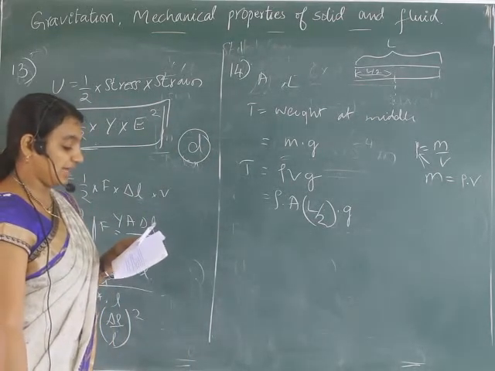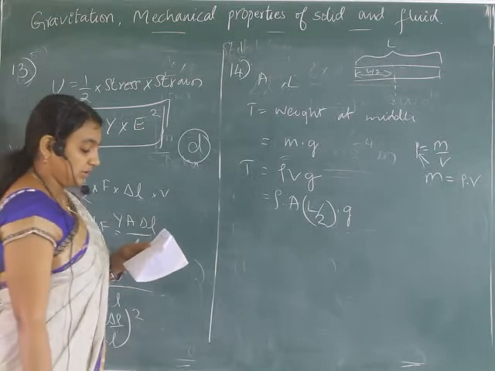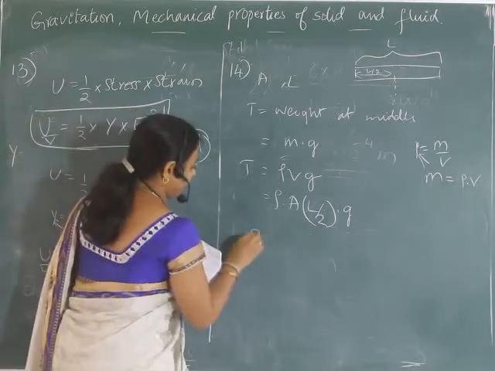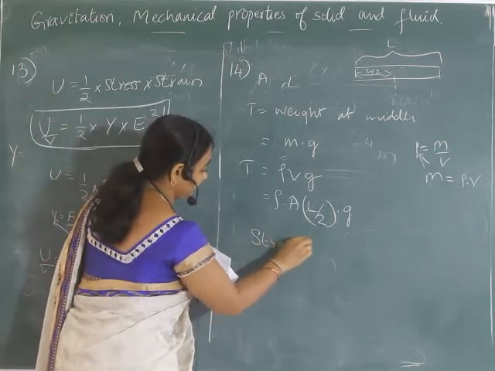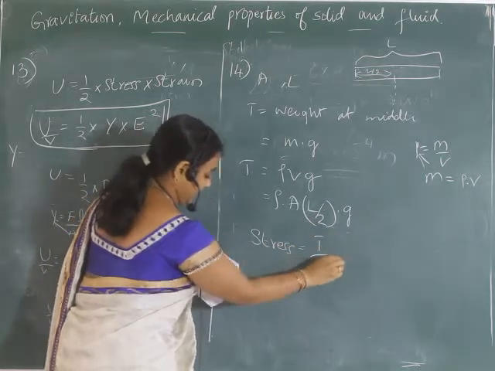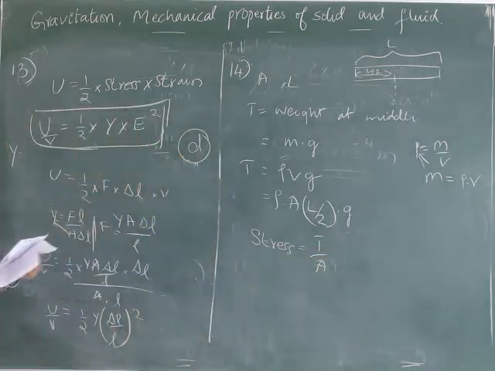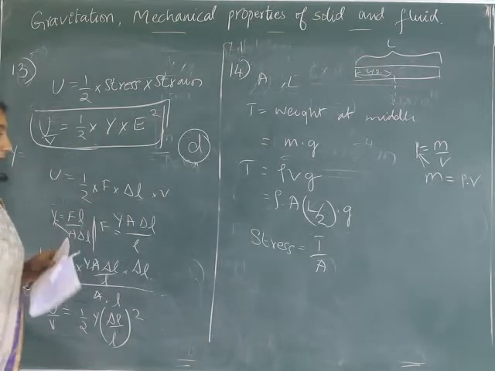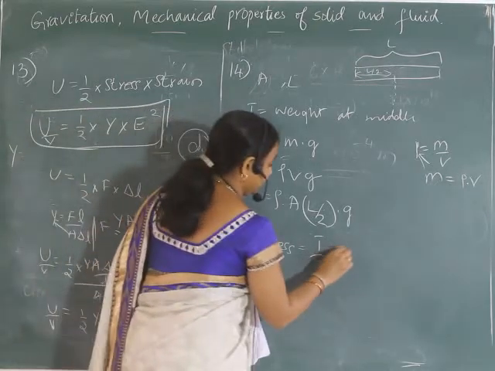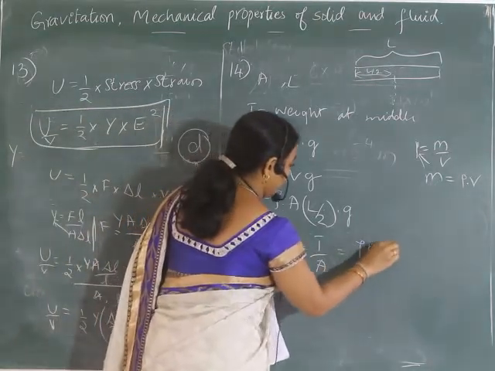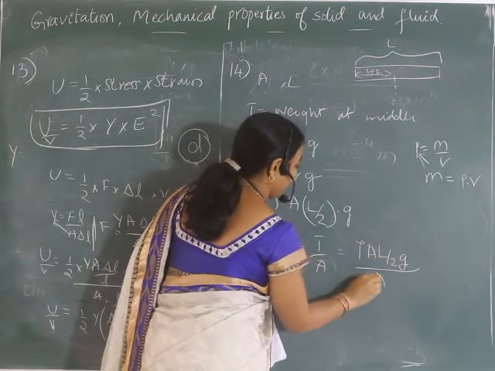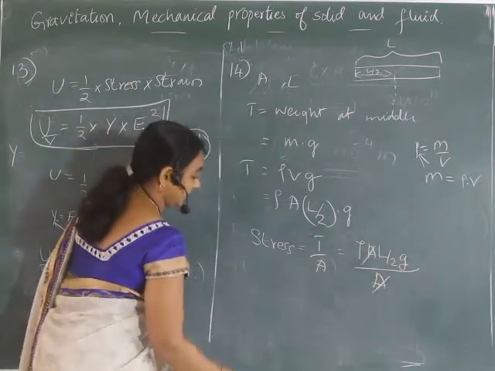So therefore I can say stress is nothing but tension per unit area. Tension is rho A L by 2 g divided by area. Area gets cancelled.